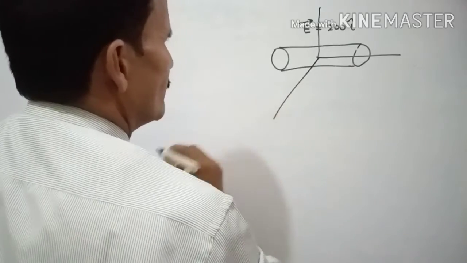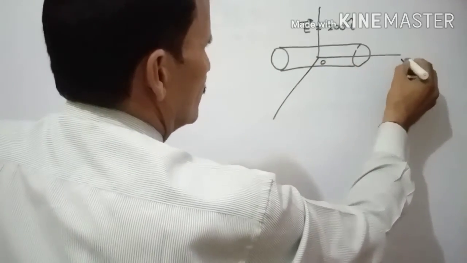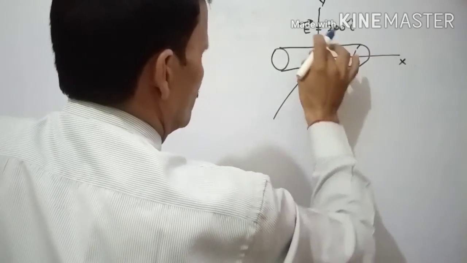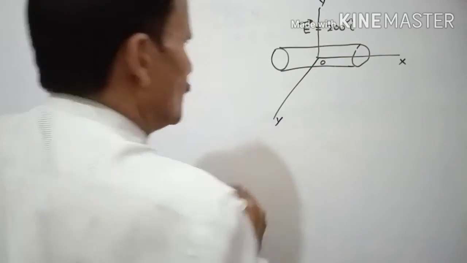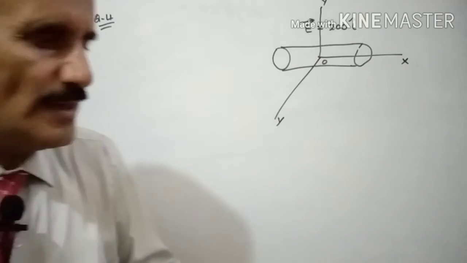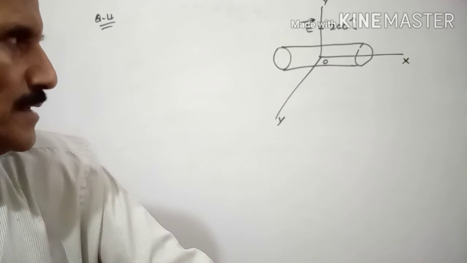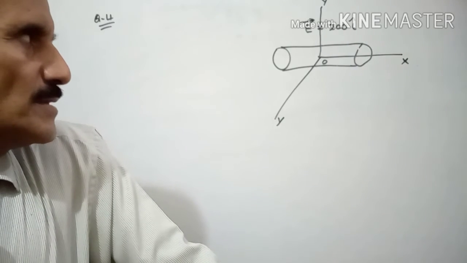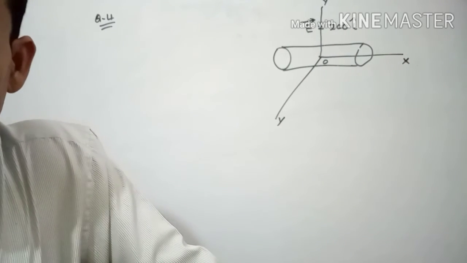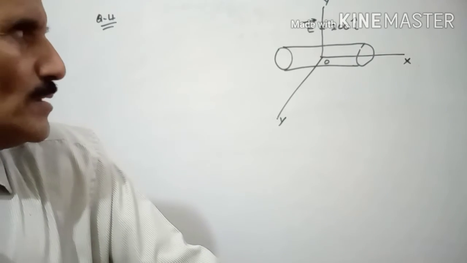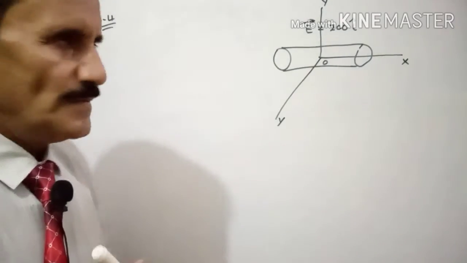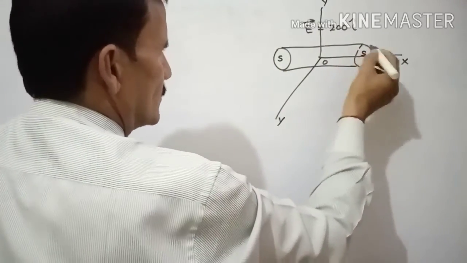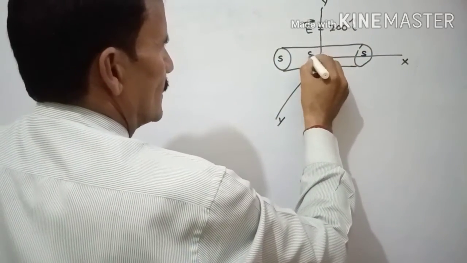What is the center of the cylinder? That is the midpoint from all the sides. So you know it is symmetrical, that's why you can locate the center easily. So the center of the cylinder is placed at the origin, and you are required to find the electric flux through S, suppose, and this is S dash.